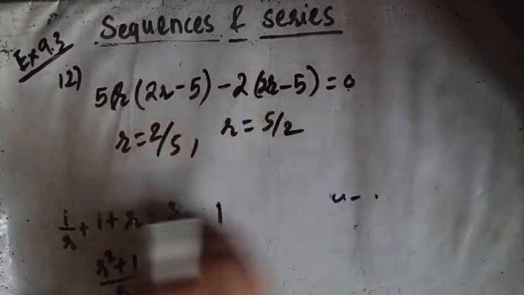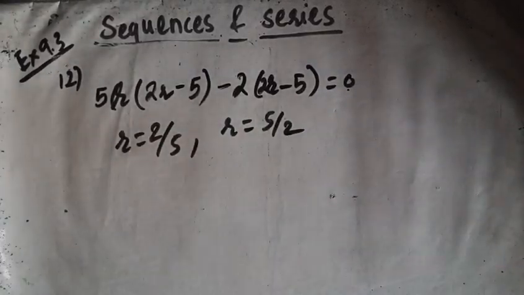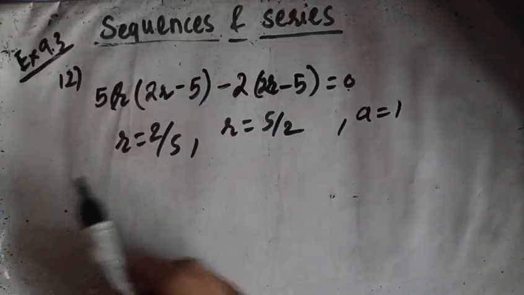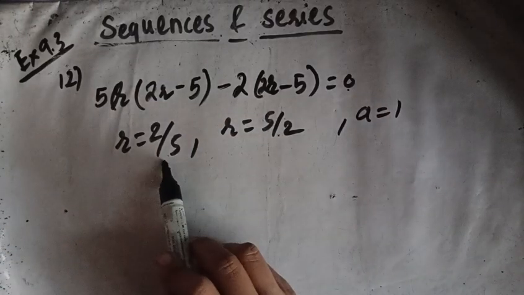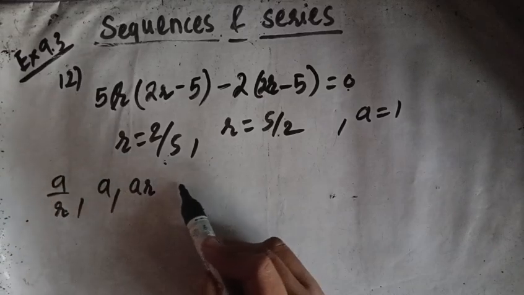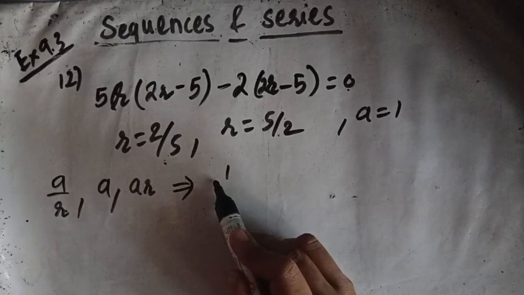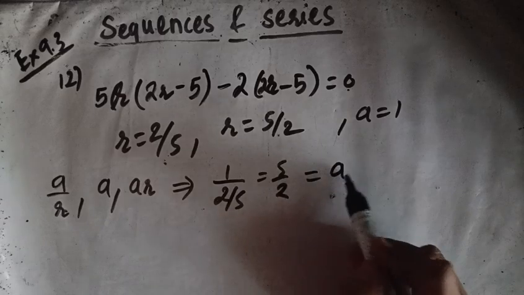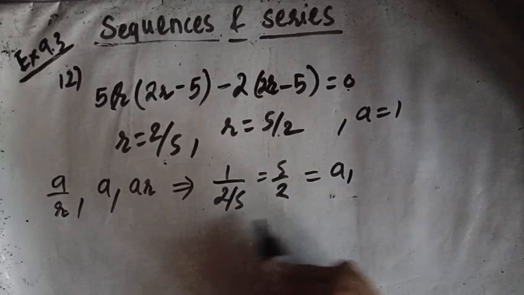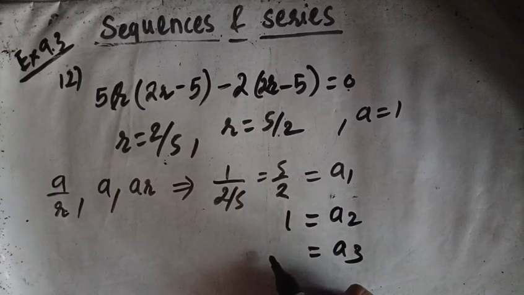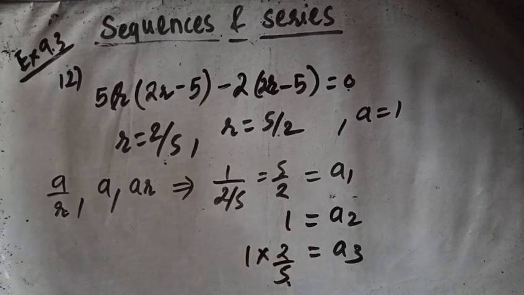So the three terms of the GP are a upon r, a, ar. a is 1, right? So we can take this or this. So if you take this, then 1 upon 2 by 5, which is 5 by 2, then 1, this is a2, and a3 is 2 by 5. Okay.